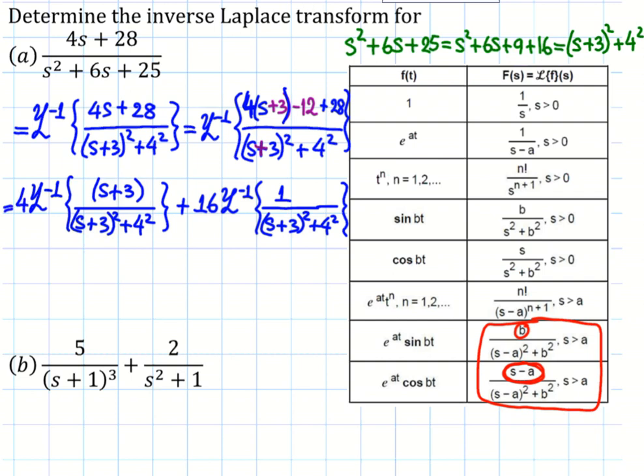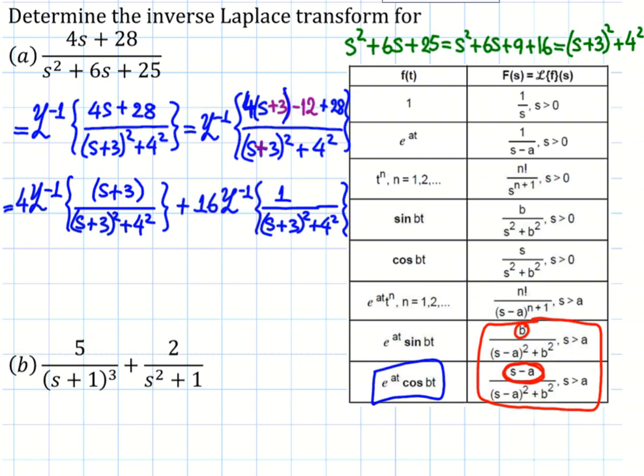And now to transform the (s plus 3) over (s plus 3) squared plus 4 squared. The top has s, so that's going to be e to the at cosine bt.